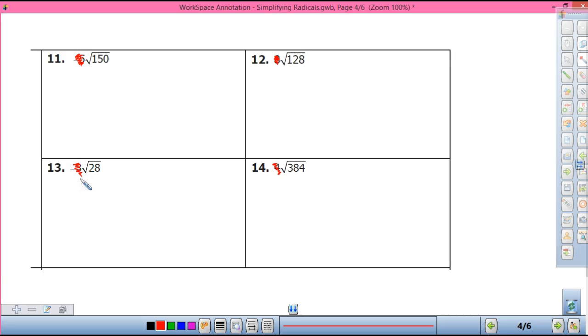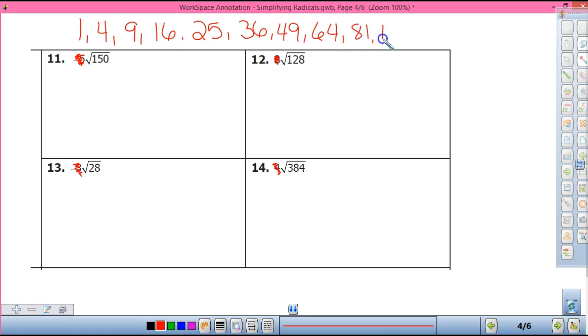Sometimes it helps to have those perfect squares in front of you. Sometimes when I'm struggling with what I want to use as a perfect square, I start dividing by these numbers.